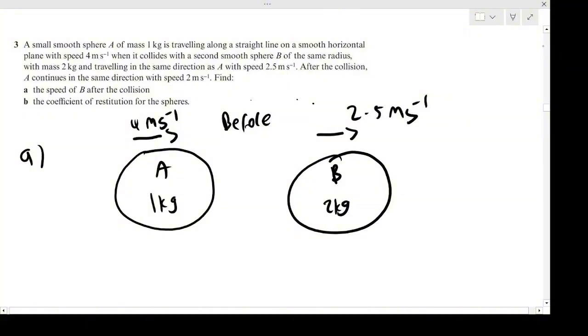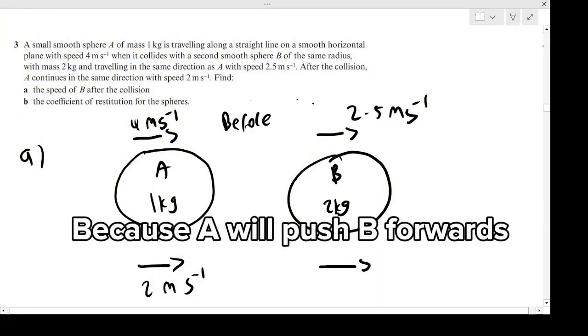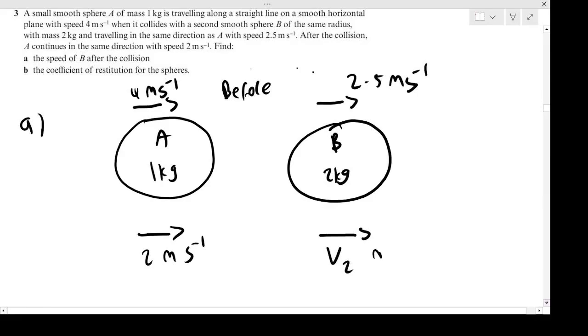Then it says after the collision, A continues in the same direction. So A also goes forward and the speed is now 2. Okay, it wants me to find the speed of B. Now the speed of B has to also go forwards. Call that V2. Obviously if it went the other way, then B would have to go past A, like B just phases through A. Obviously that cannot happen.